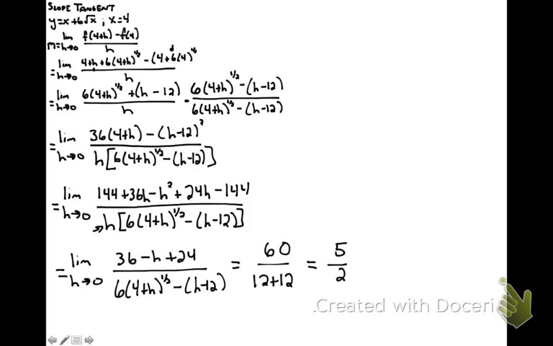Now we're also asked to find the equation of the tangent line at x equals 4, so f of 4 equals 4 plus 6 times the square root of 4, or it equals 4 plus 12, or 16.